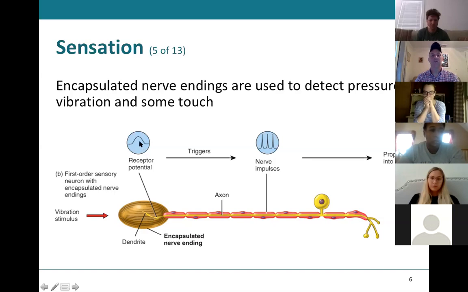That causes a receptor potential here, traveling along our first order neuron, saying hello to our unipolar cell body, traveling into the spinal column. Okay, you're like, hey, how's that any different? Well, it took a specific type of stimulus to activate this receptor potential to travel through that connective tissue layer.